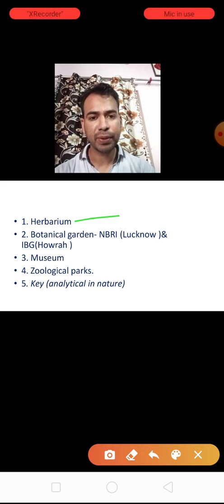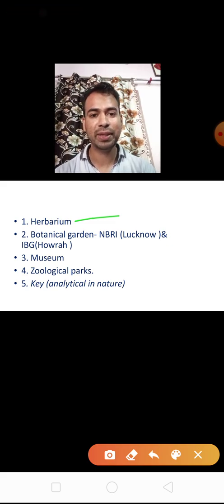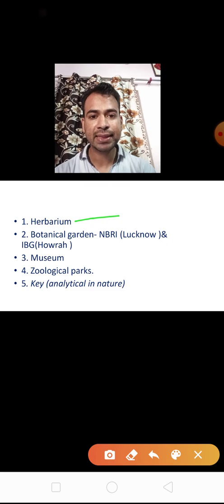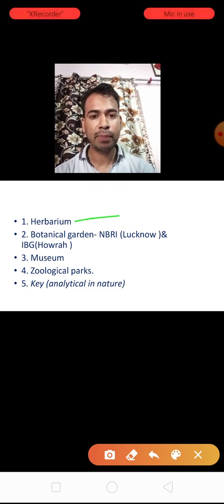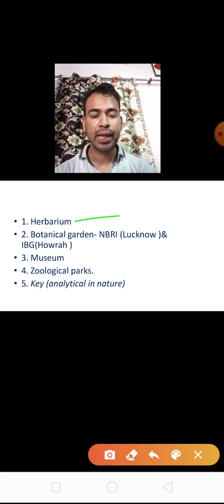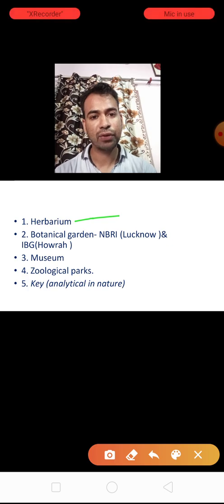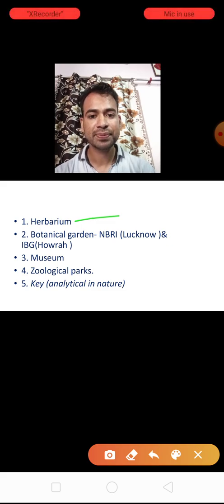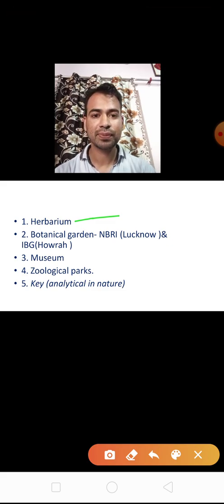Next, that is museum. You must be aware of museums. In a museum, plant and animal specimens are kept. The plant species are kept on sheets and the animals in various chemicals like formaldehyde, and they are shown in front of the public. Many museums are there around the world.